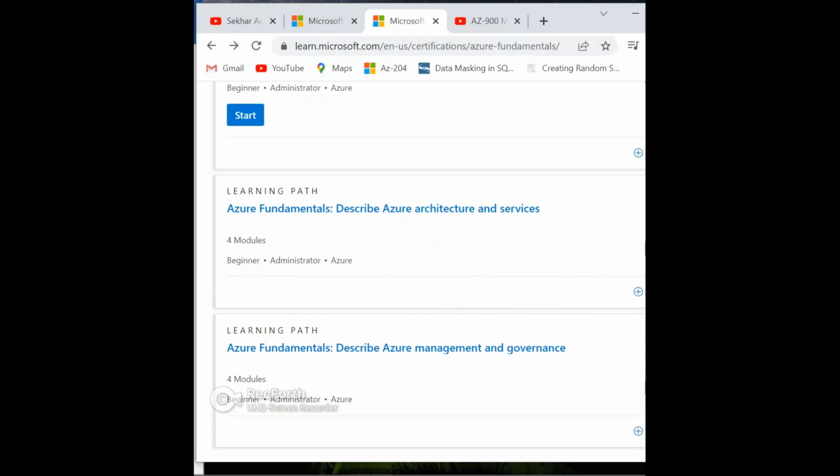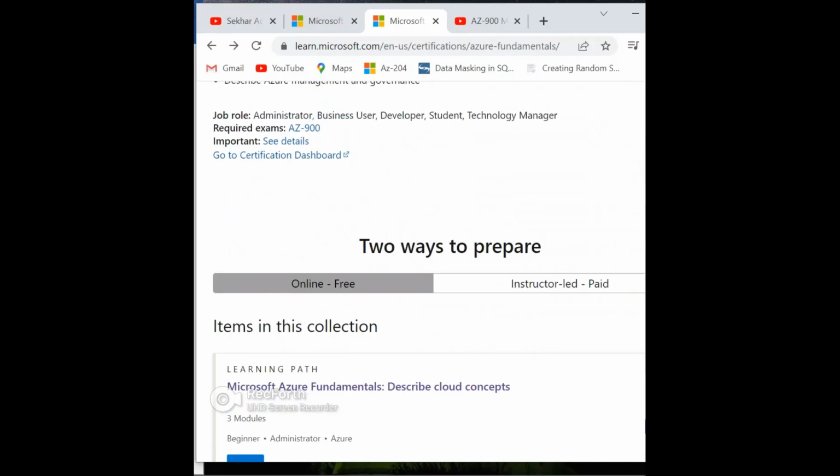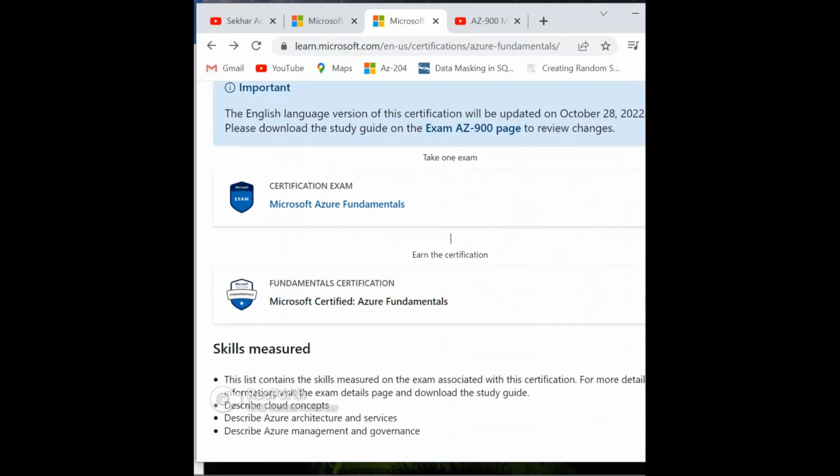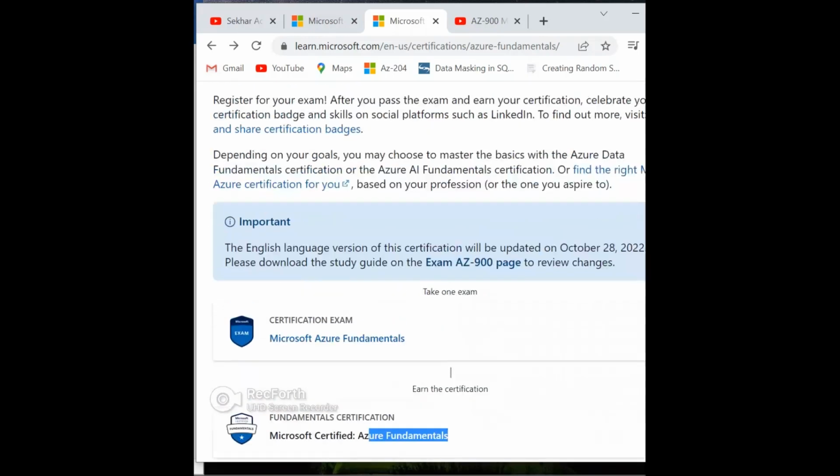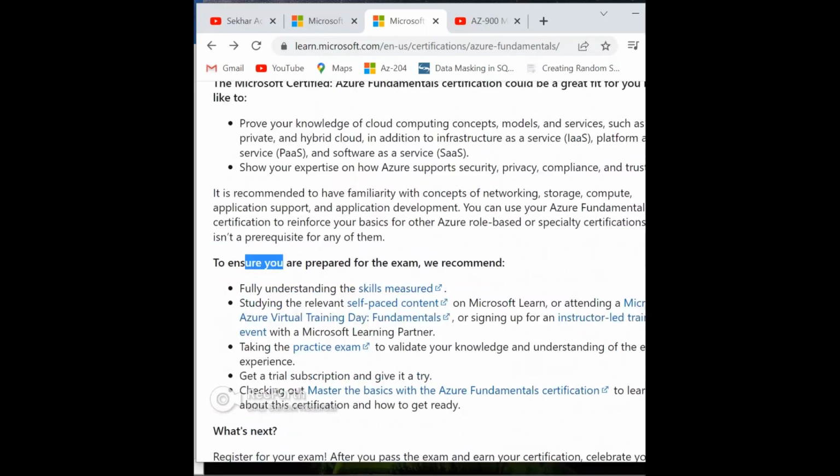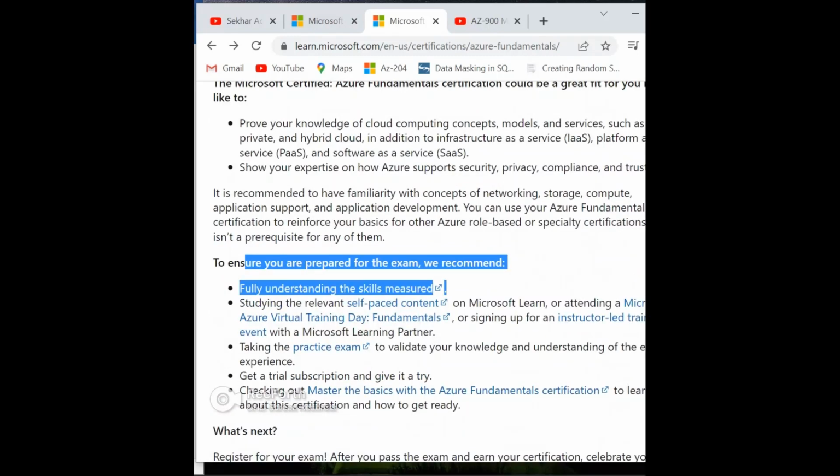And the next thing, focus on AZ-900 Microsoft Azure Fundamentals. How you need to focus, how much you have to grab from the fundamentals. Microsoft says the objective of this exam is to demonstrate foundational level knowledge of cloud services and how those services are provided.